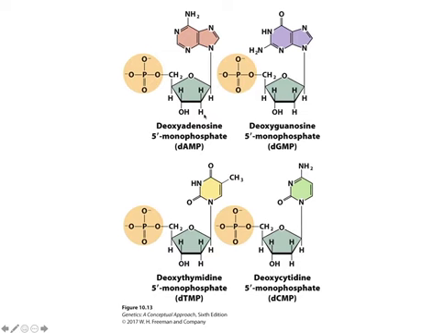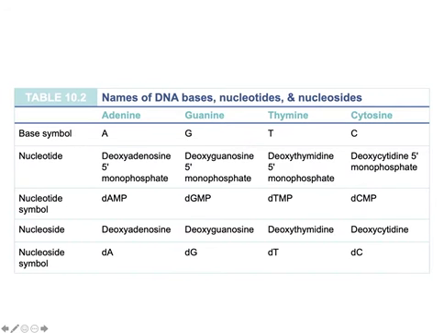So just giving you a sort of a setup for the 3-dimensional structure of the whole thing, right? And again, these are flat like pancakes, okay, sitting out here. So there are the base symbols, the nucleotide symbol, the nucleoside, and the nucleoside symbol. Okay?